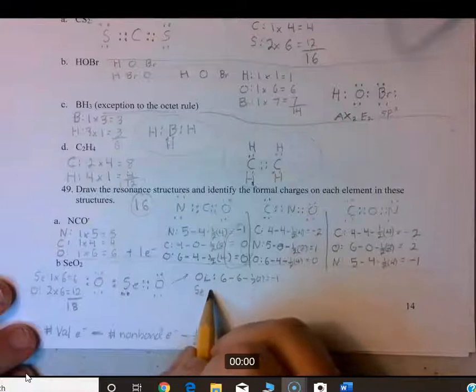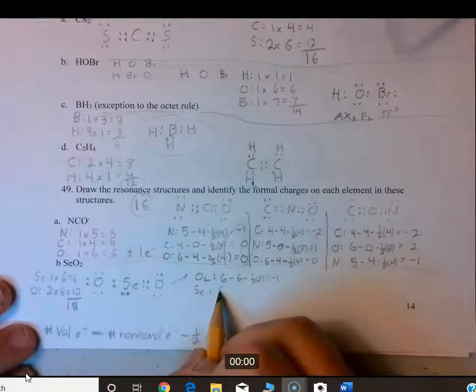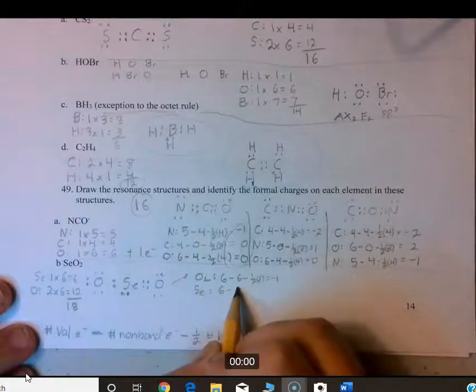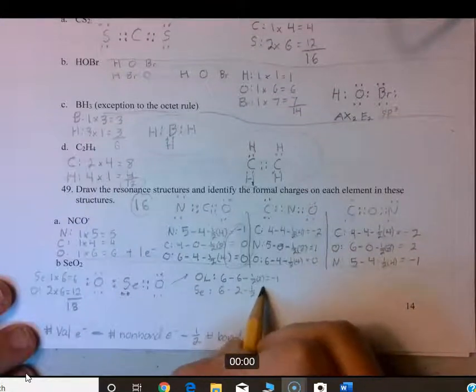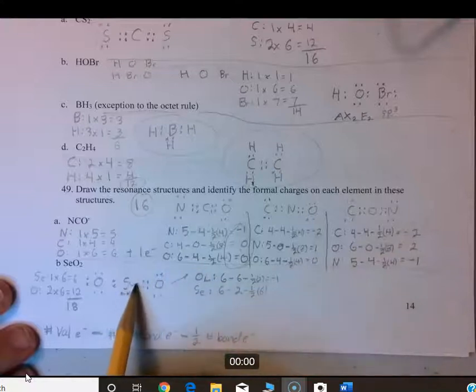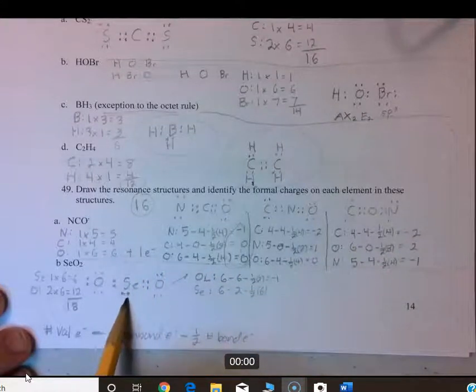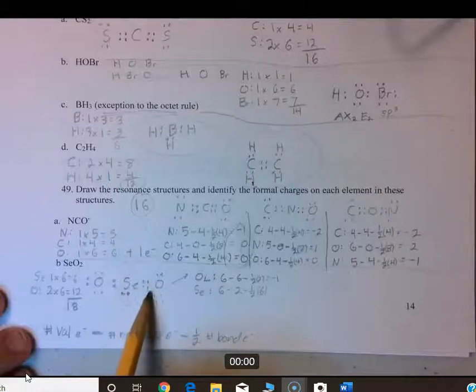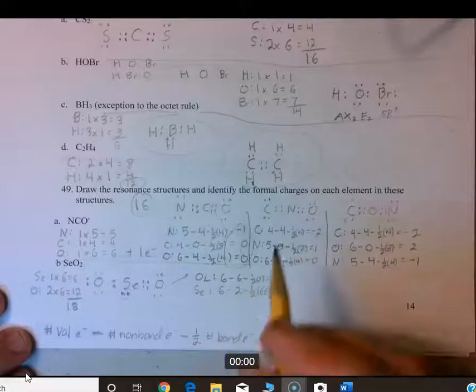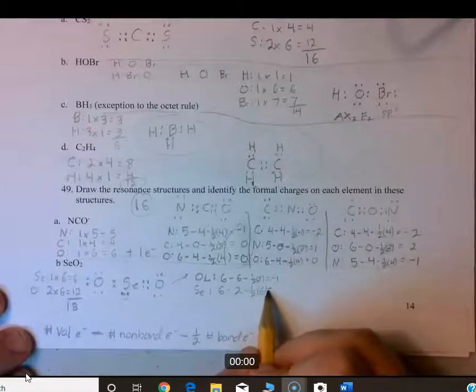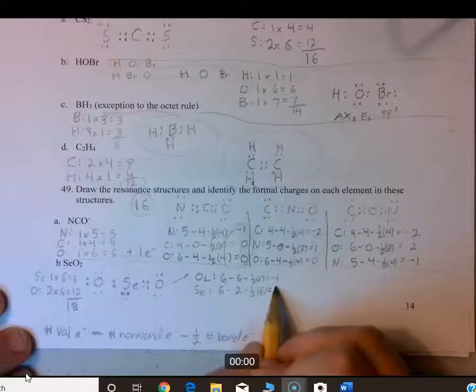The Se is going to be 6 minus 2 minus 1/2 of 6. Let's go over that. 6 is the number of valence electrons. You have 2 lone pair electrons here, and then you have 1, 2, 3, 4, 5, 6 bonding. So it's half of that 6. So 6 minus 2 is 4, and half of 6 is 3. So 4 minus 3 is 1, +1.